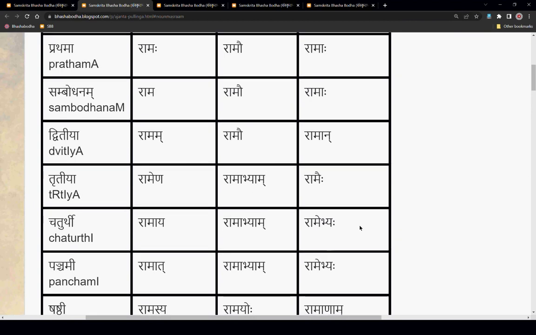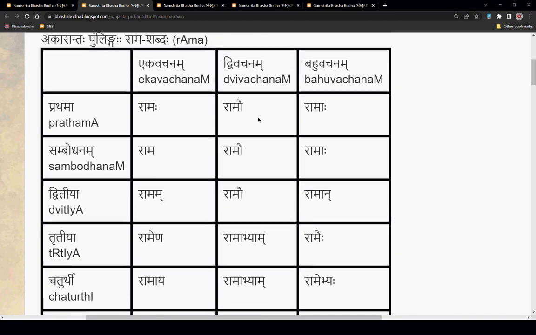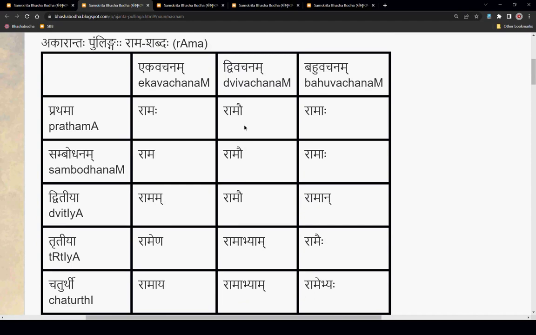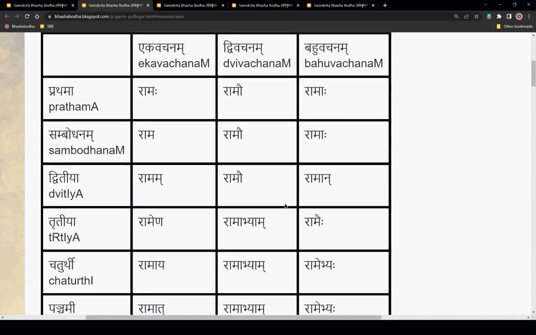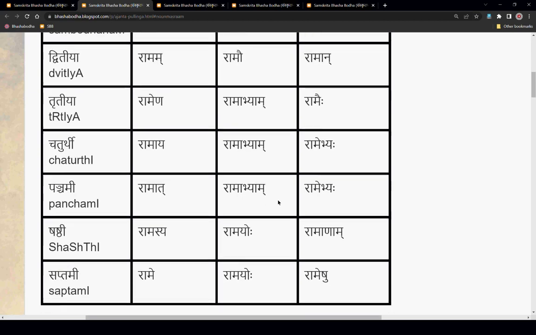Not only the Rama word, but in all the Vibhakti tables, this Dvivachanam remains same. Dvivachanam of Prathama Sambodhanam Dvitiya, and then Tritiya Chaturthi remains same.